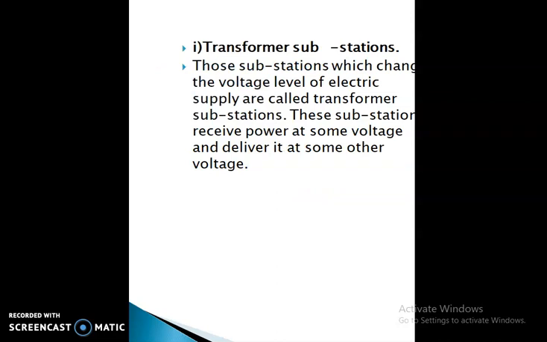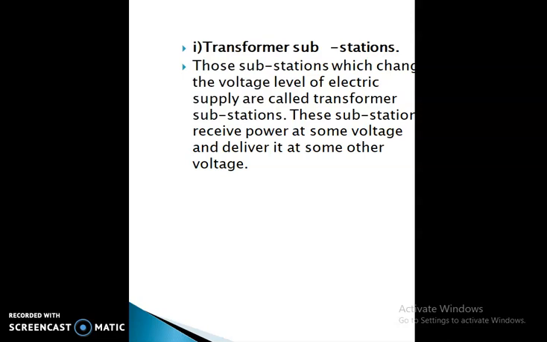Those substations which change the voltage level of electric supply are called transformer substations. These substations receive power at one voltage and deliver it at some other voltage.